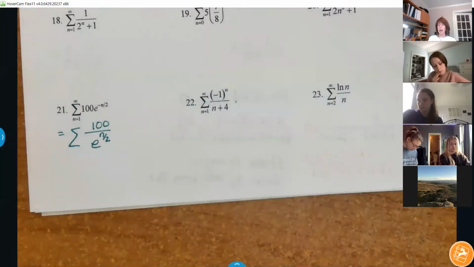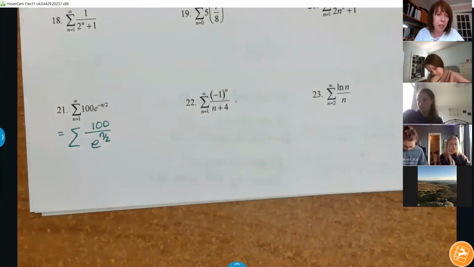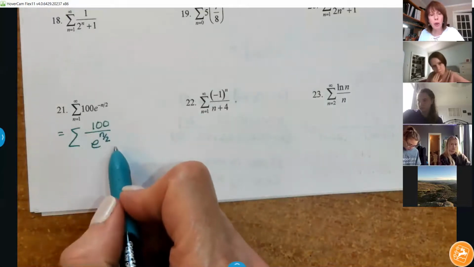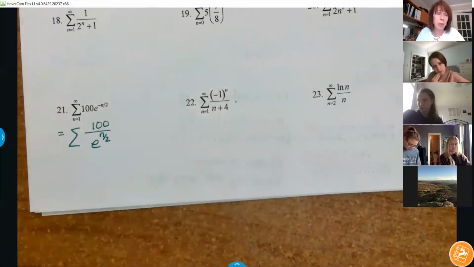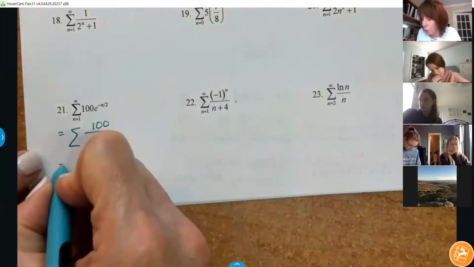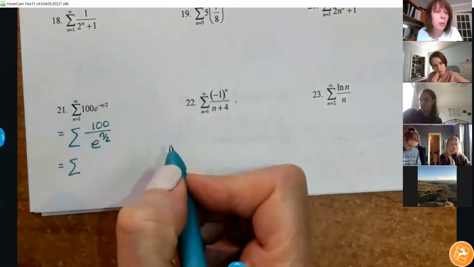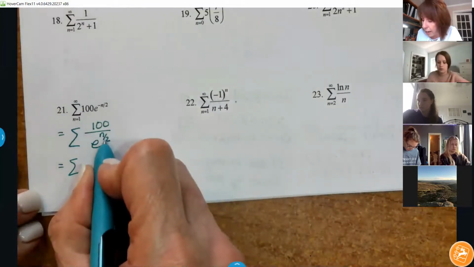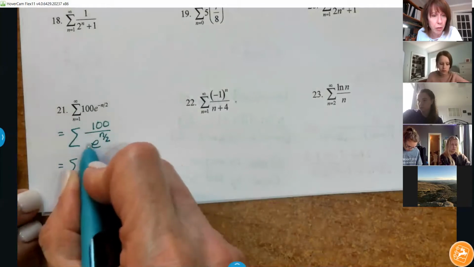Now, again, I know that this is a geometric series because I see the e to the n there, but with that over 2, I need to manipulate this to find out what r is exactly. One thing I know to do with this, since it's divided by 2, I can make it a square root.